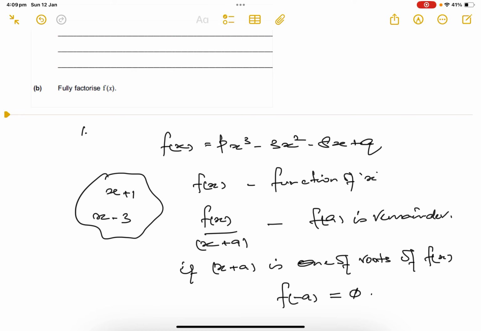If f(x) is a polynomial function of x, and x plus a is first order, and you divide that f(x) by x plus a, f(minus a) will be the remainder.